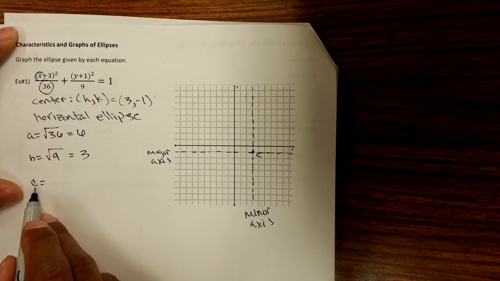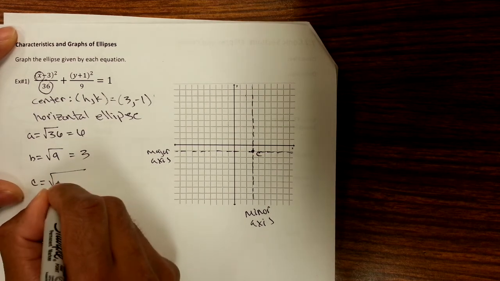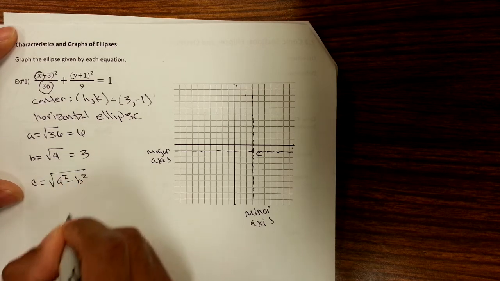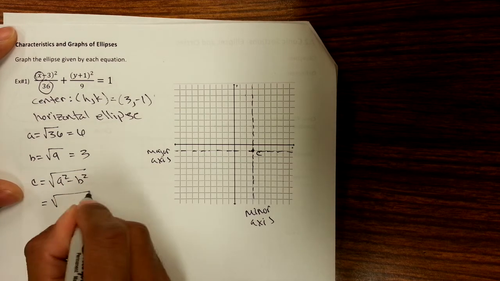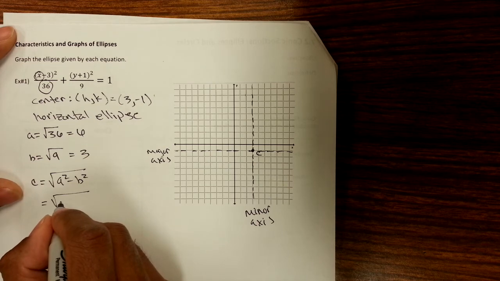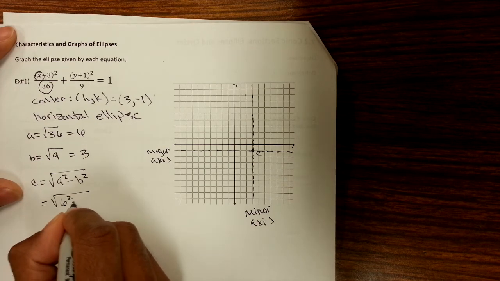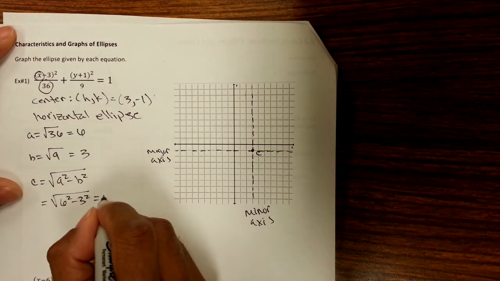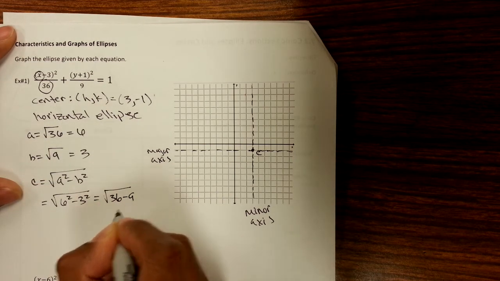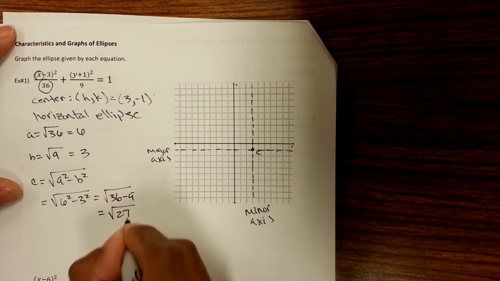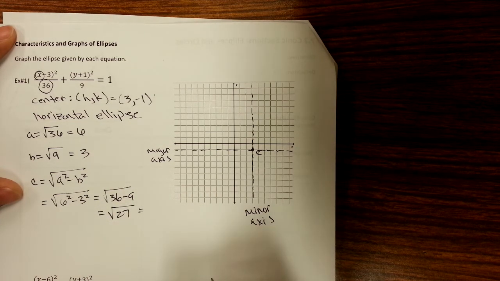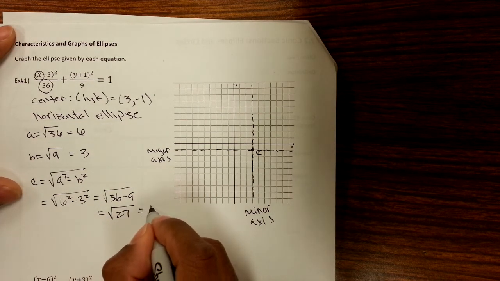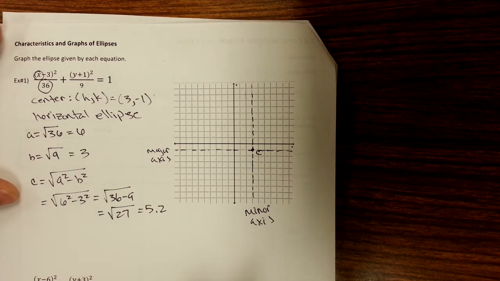Your C value, which is the trickiest, is the square root of a squared minus b squared, which in this case is 6 squared minus 3 squared. You can actually just take the denominators. So square root of 36 minus 9, that is the square root of 27, which, nothing fancy, let's just make it a decimal, somewhere around 5.2.